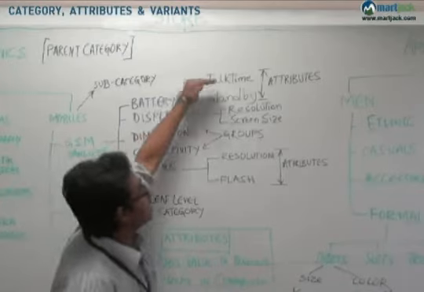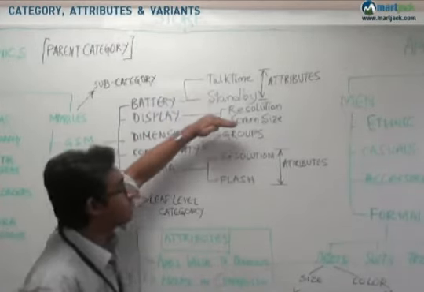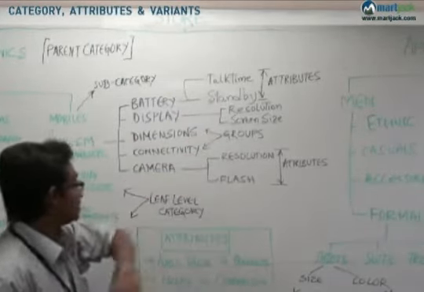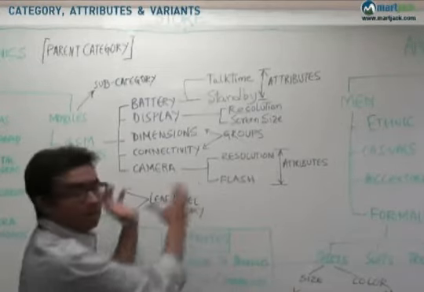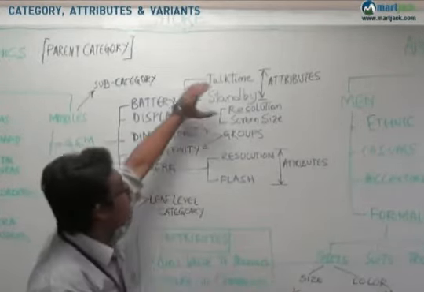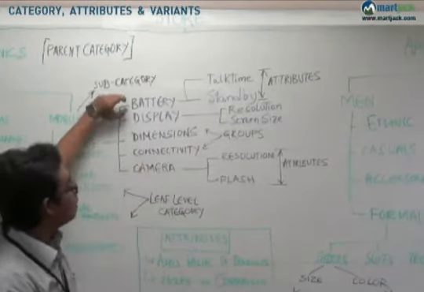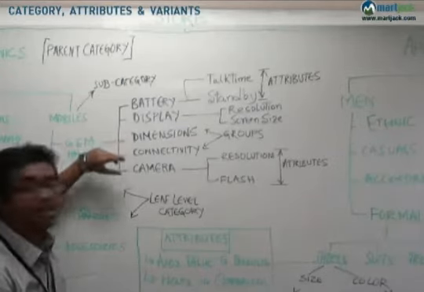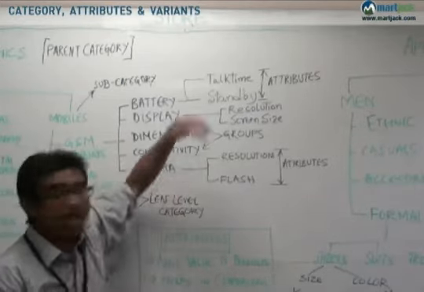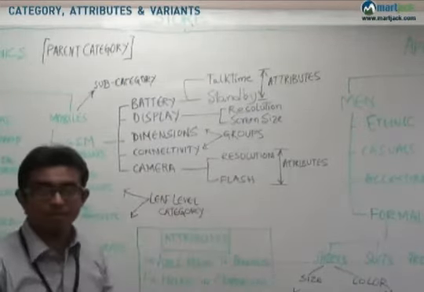Now, each of these talk time, standby, resolution, screen size, resolution, flash, all of them are attributes. This will define the particular product for you. We have grouped these attributes and put them under particular groups. So battery, display, dimensions, connectivity and camera would be groups, and each of these would be your attributes.